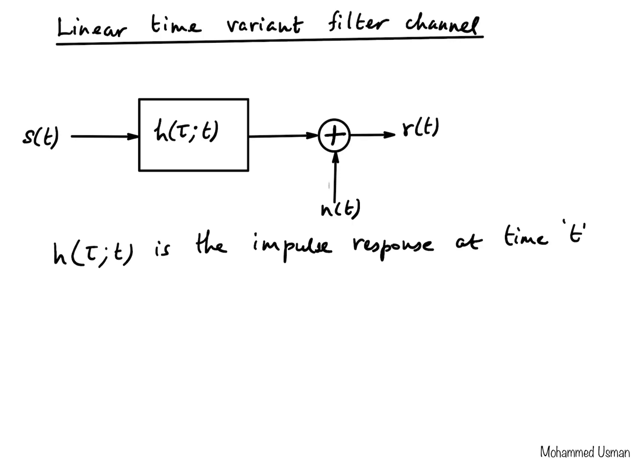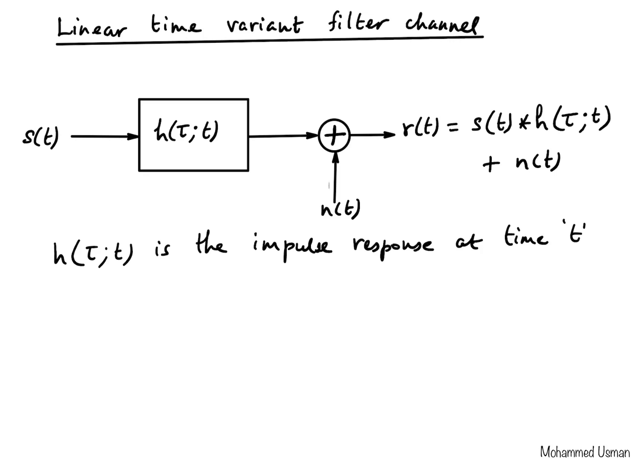So the received signal r of t in this case is the convolution between the transmitted signal s of t and the time varying impulse response, which is denoted as h of tau colon t, plus the noise term n of t. So that's a linear time variant filter channel with additive noise.